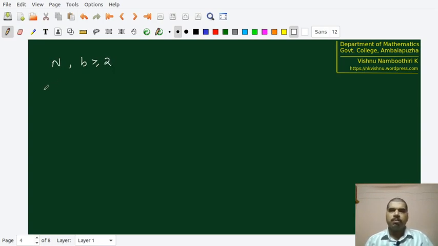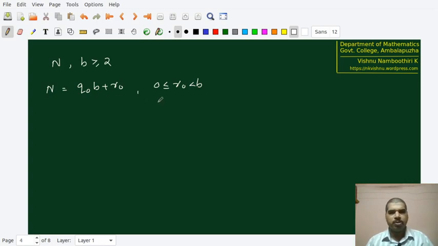Now, recall that by the division theorem, we can divide n using b in the following way: n equals q naught b plus r naught, where r naught satisfies 0 less than or equal to r naught less than b. Just remember one more thing, that we are dividing n using b and q naught is the quotient.